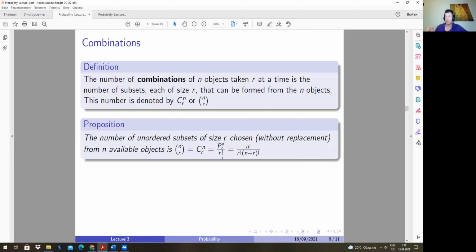Why? Because, as I said, ABC, CAB, and BCA, for example, are the same element. That's why we reduce this number by dividing by r factorial. That's the difference between permutations and combinations.